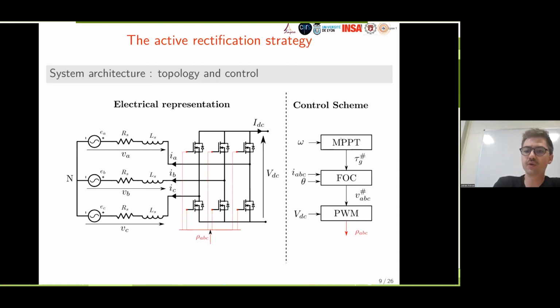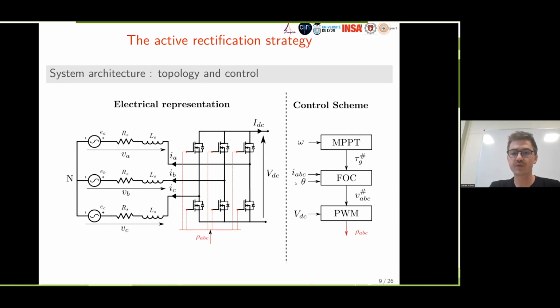An MPPT algorithm. Here we use optimal torque control, which gives a torque set point that we control with field-oriented control by measuring the line currents and the position of the rotor.